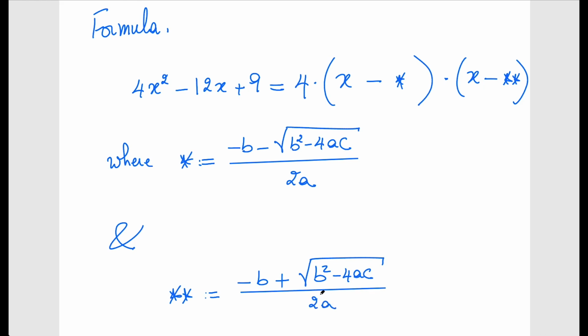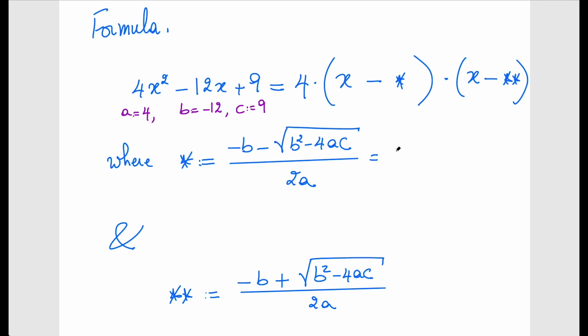Let's be very clear who's a, who's b, who's c. a is 4, the coefficient of x squared, b is negative 12, and c is 9. Those are the ingredients for this quotient.